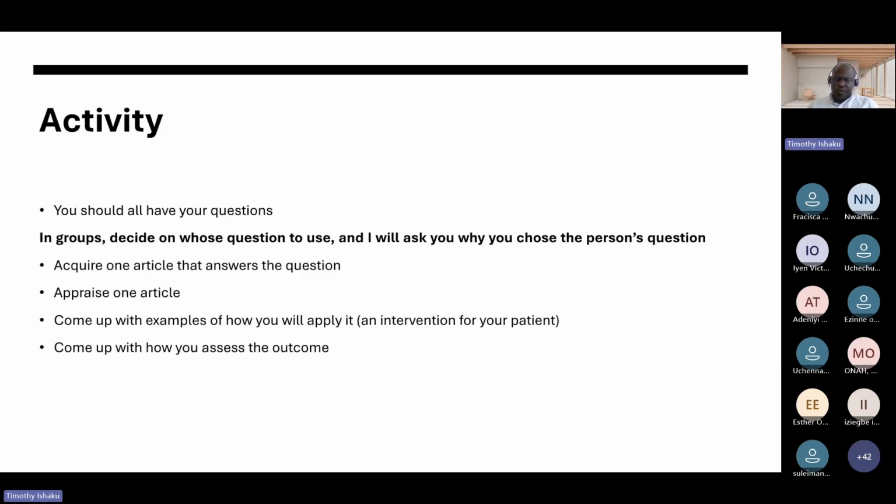If you can use the PICO, use the PICO. If you can't use the PICO or SPIDER, just do a normal search on the internet and find any evidence relating to your current place of practice, and put it for me in the chat box.